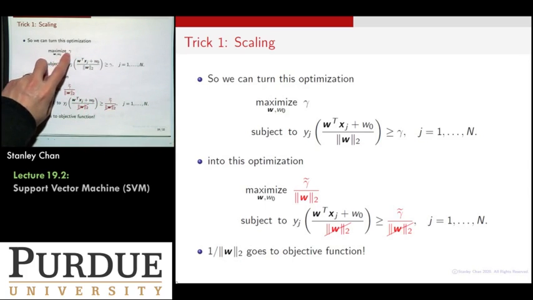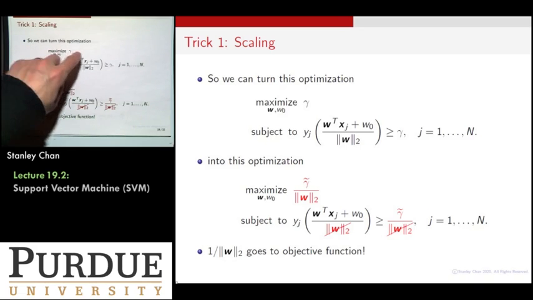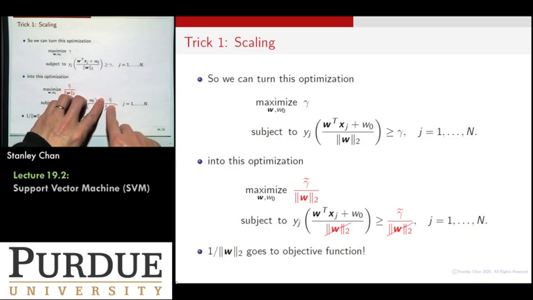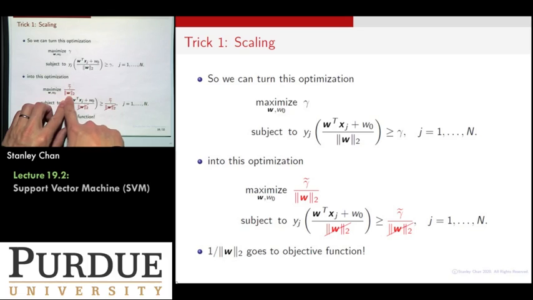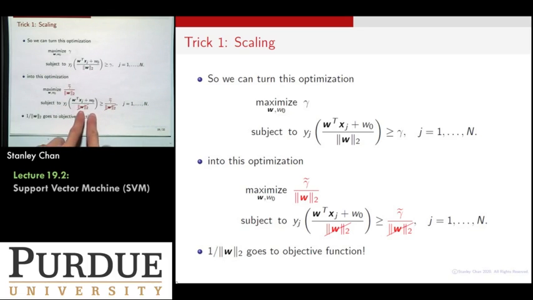Because you have already defined that gamma equals gamma tilde divided by the 2 norm of W, I can write this gamma in the same way, with gamma tilde divided by the W 2 norm, and gamma tilde divided by the W 2 norm. If I write it that way, you can see that here you have the 2 norm of W, and here you have the 2 norm of W, so they can cancel.